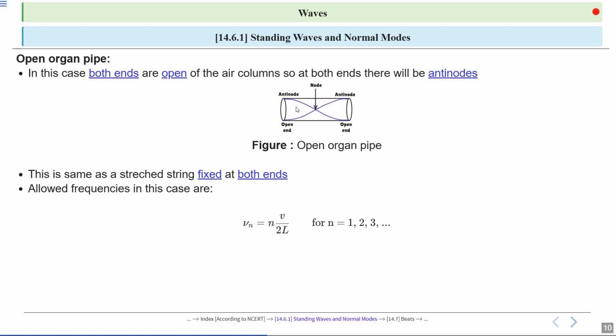Here n is a positive integer, v is the wave speed and l is the string length. Each value of n gives a harmonic frequency.